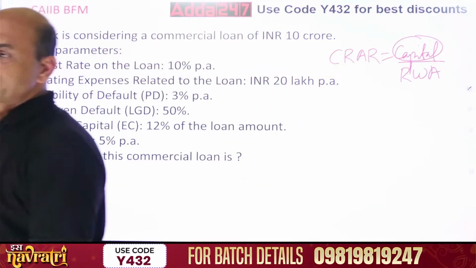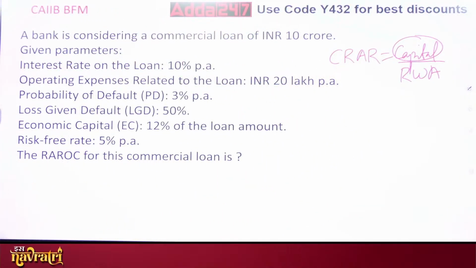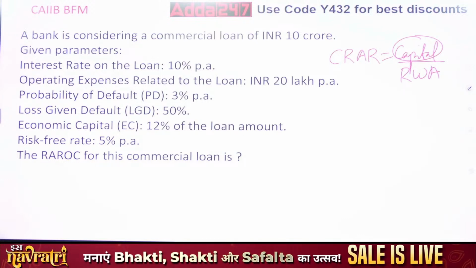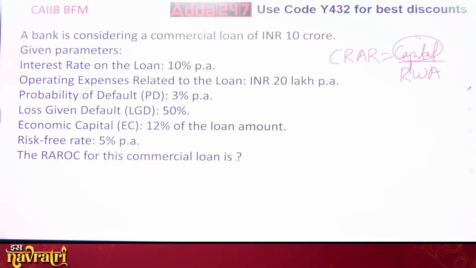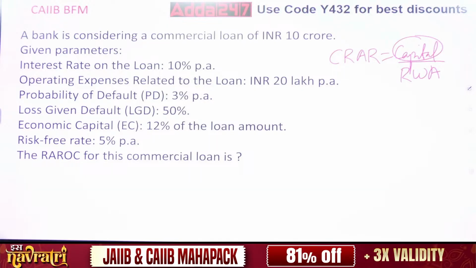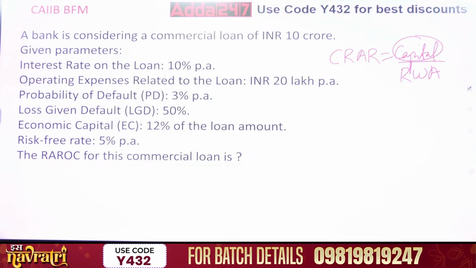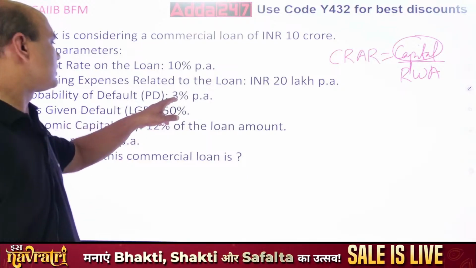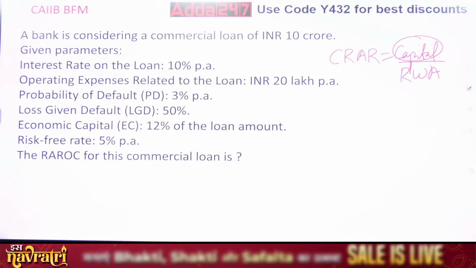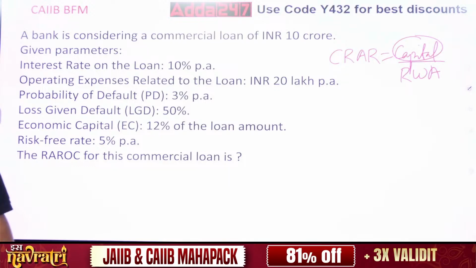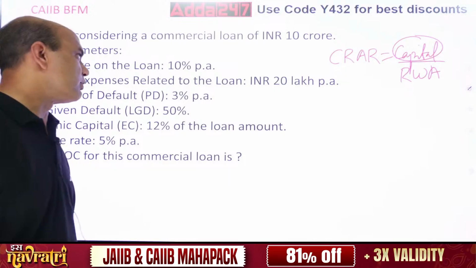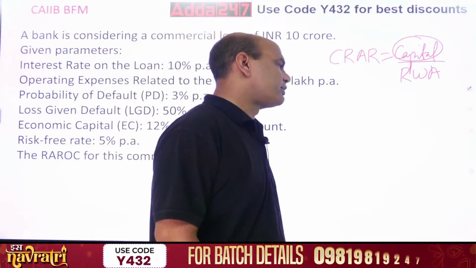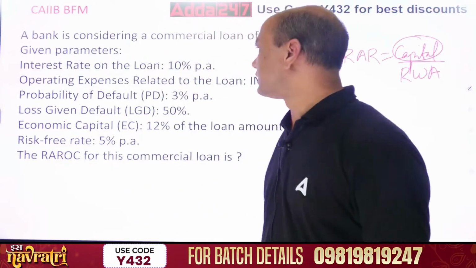But 3% on what? What all is given? LGD is also given, loss given default, 50%. So, kindly note, expected loss is always PD into LGD into my loan amount. Whatever is my loan amount.